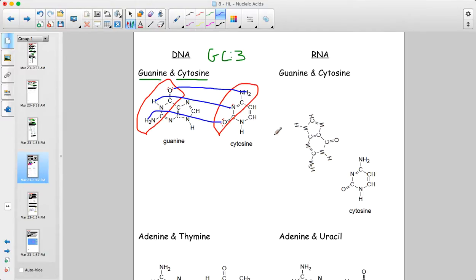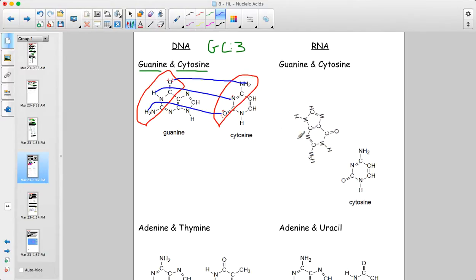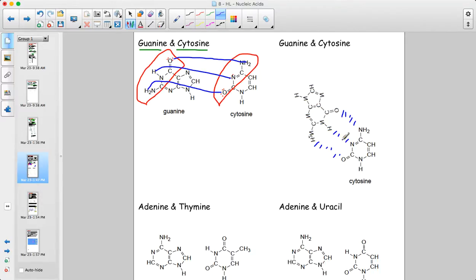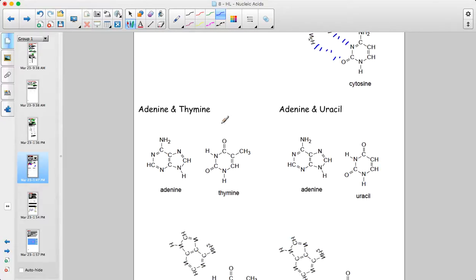So over here, I did a little inversion. I flipped the image, and you can see that they perfectly line up here. There'd be a hydrogen bond between the O and the NH, between this H and that N, and this H and that O. So C and G can form 3, and there's only these 3 spaces that line up, the top left in their structures in the data booklet.